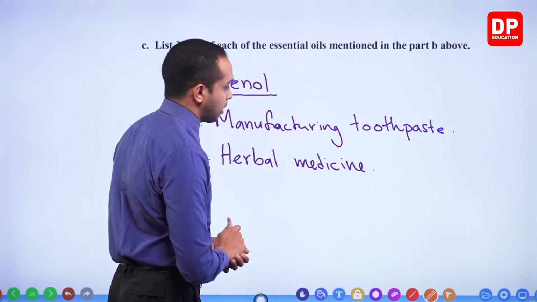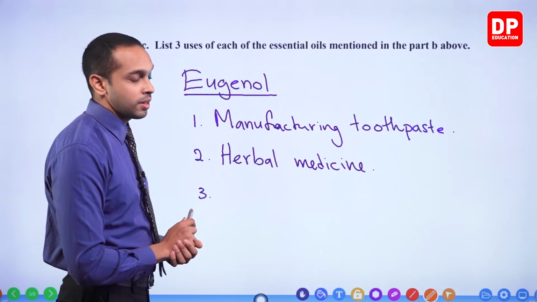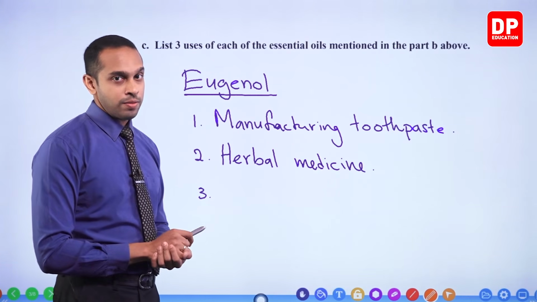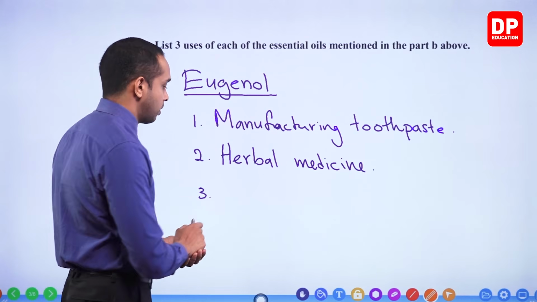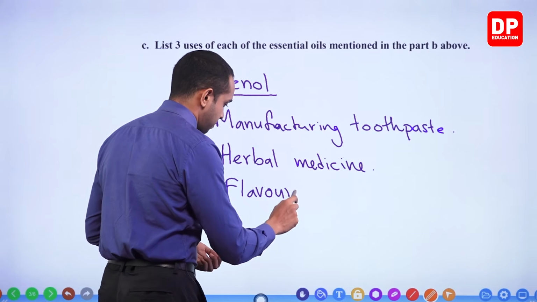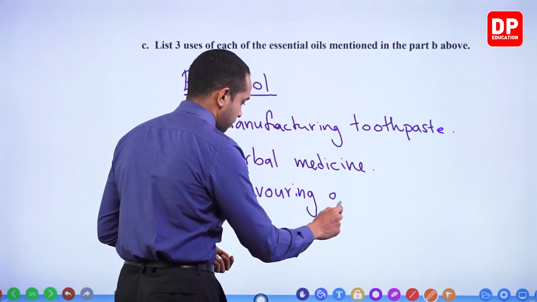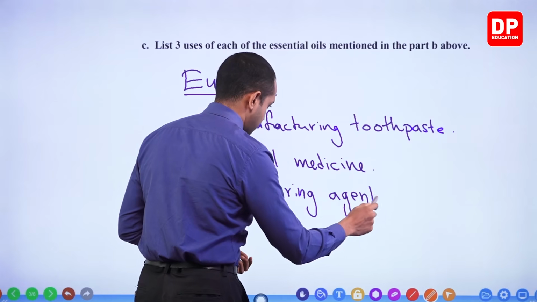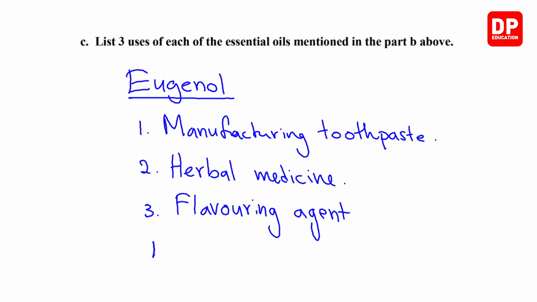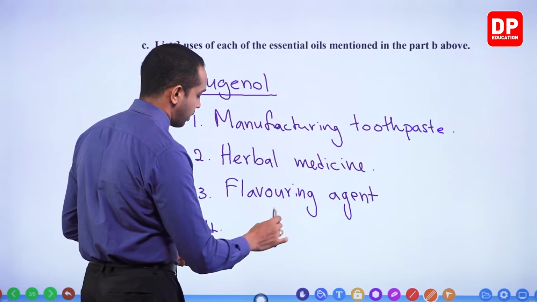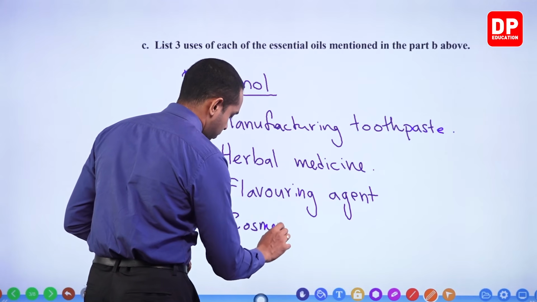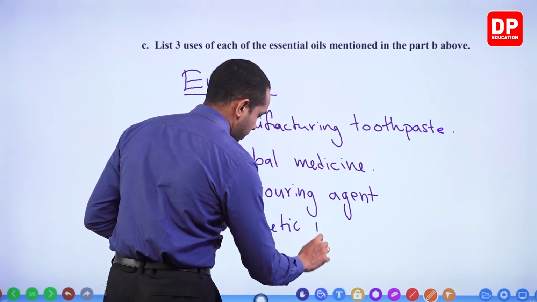Apart from that, this particular eugenol essential oil can also be used as a flavoring agent, right? So it is used as a flavoring agent. Right, so these are some of its uses. And for the fourth use, we can also say that these are used in cosmetic products.